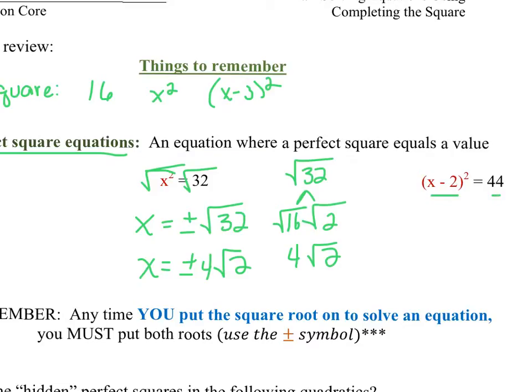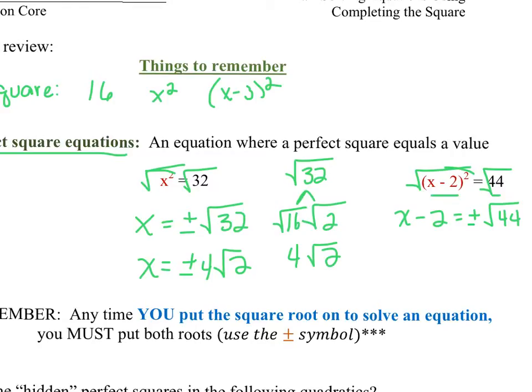So that all we have to do is take the square root and the square cancels itself out, and I'm simply left with x minus 2 on one side and plus or minus radical 44 on the other. And that's it. We do have to then solve for x. That's like the hard part.